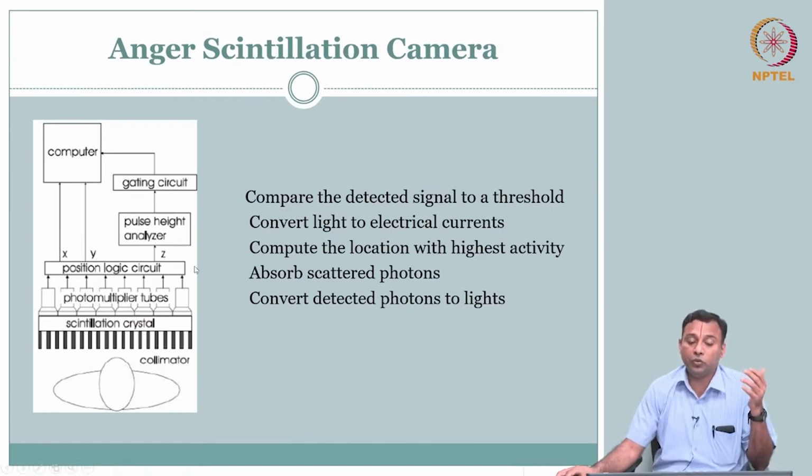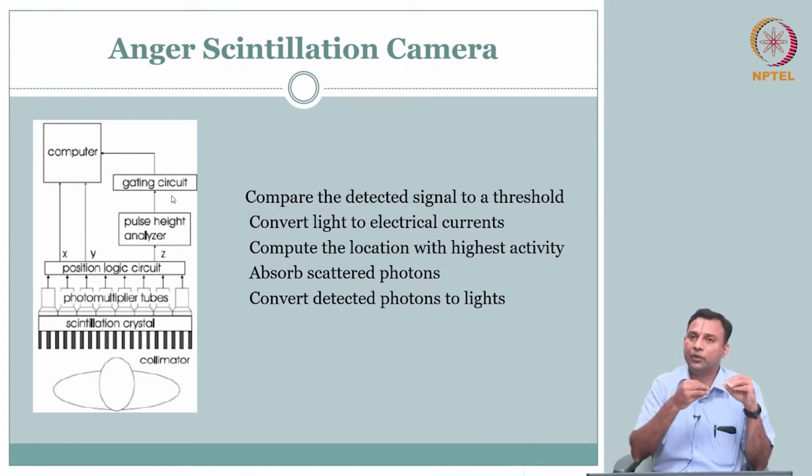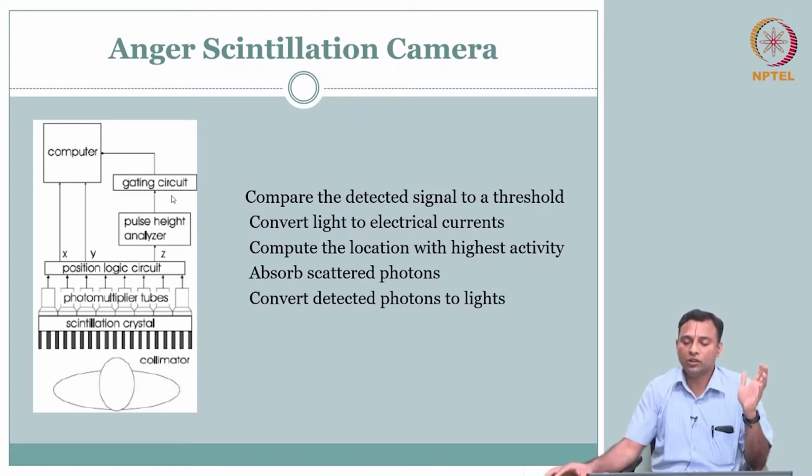So, now the question is, do you want to interpret that as a signal or is it Compton scattered? So, we can be energy sensitive. If we are energy sensitive, we can say, oh, because I know what gamma the radiotracer is sending out, if it is within certain tolerance, I know it is the real signal coming from that source. If it is less than that, I know it is a scattered photon. So, you have some thresholding criteria, we will look at it.